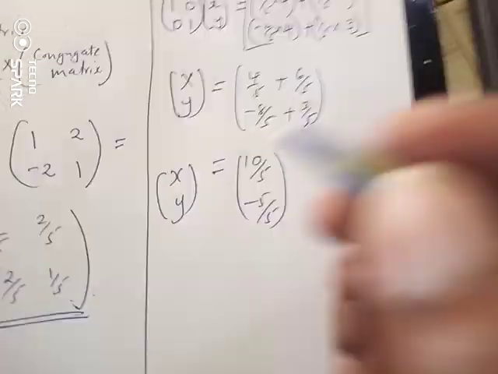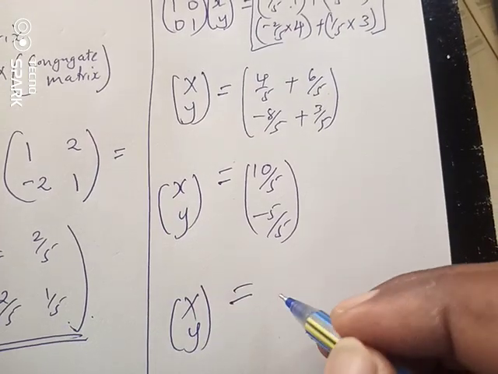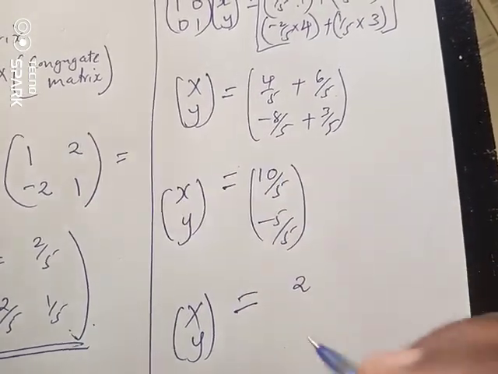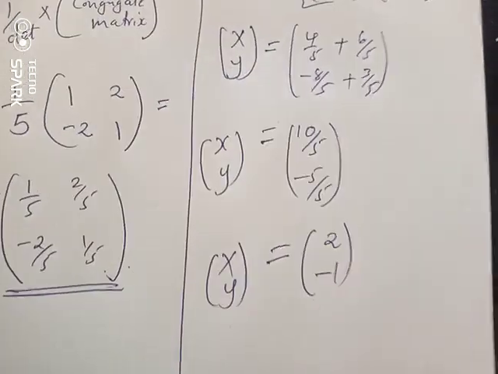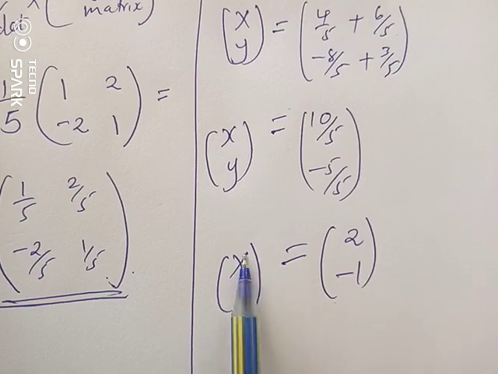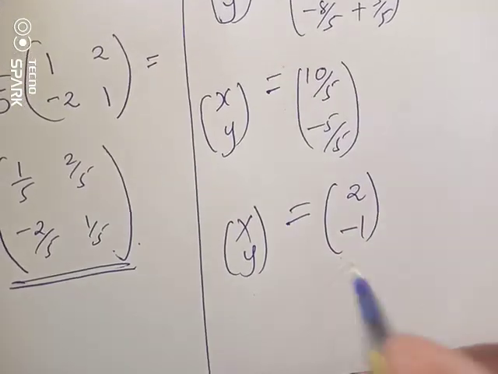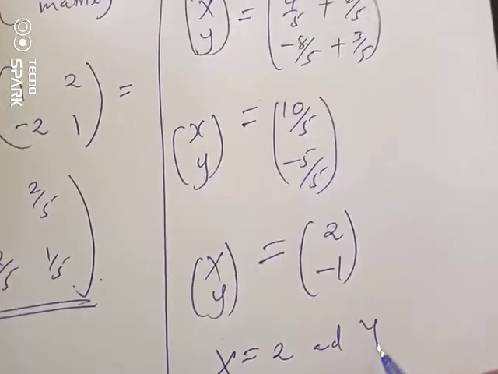So finally we get 2, that is 10 divided by 5, and negative 1. So what does it mean? That x is equal to 2 and y is equal to negative 1.